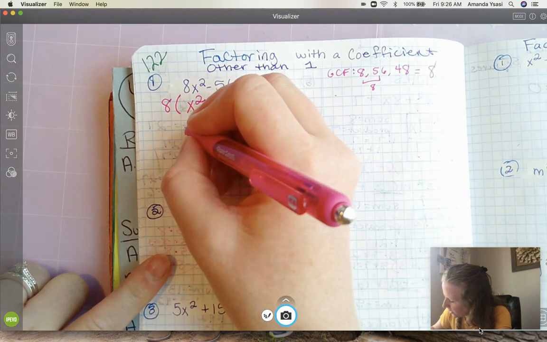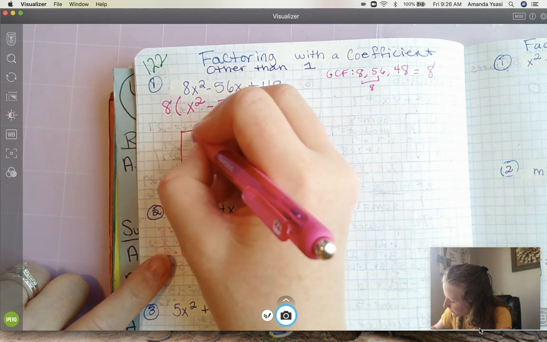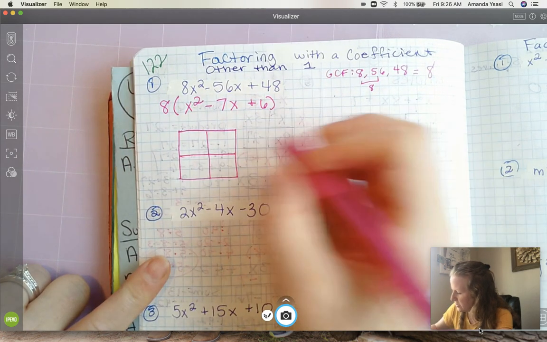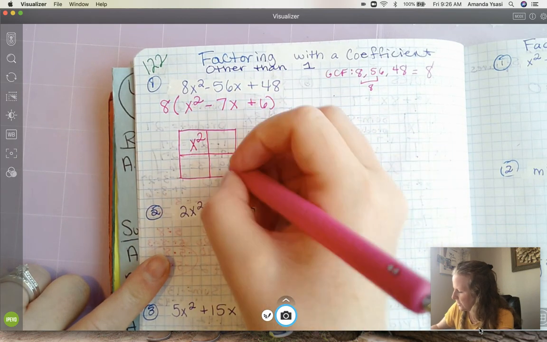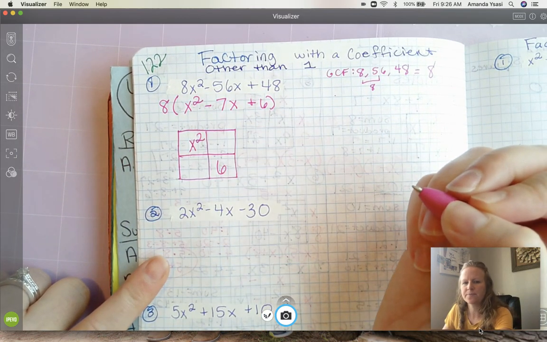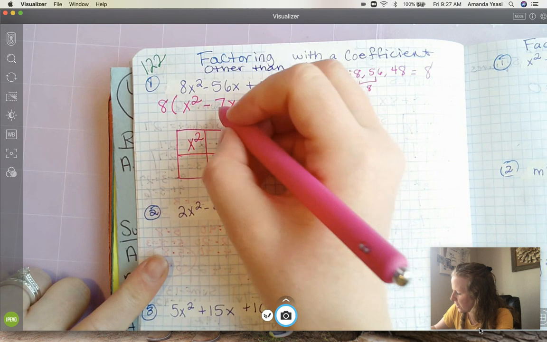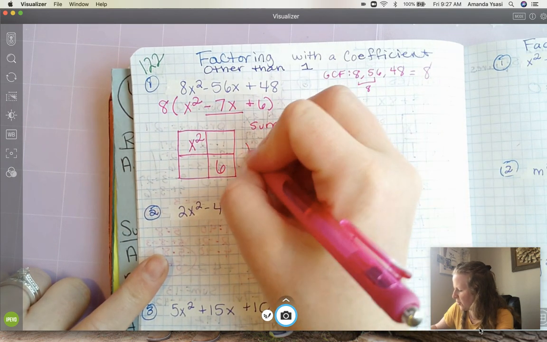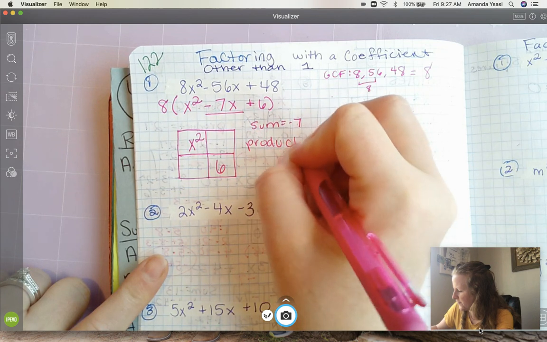So we have our box. So x squared goes here. 6 goes here. So we're looking for a sum of -7 and a product of 6.